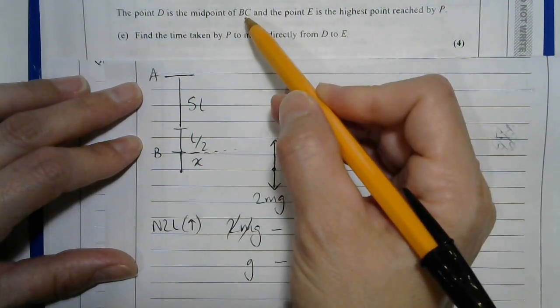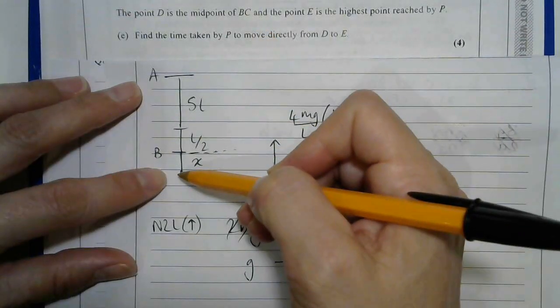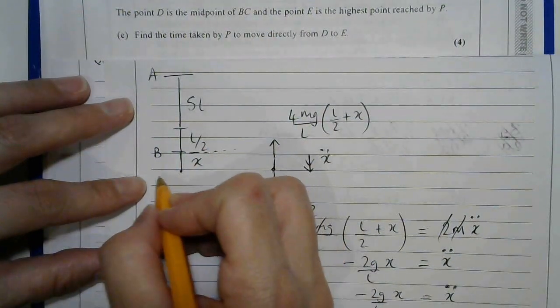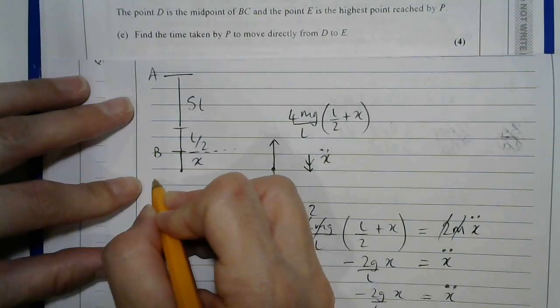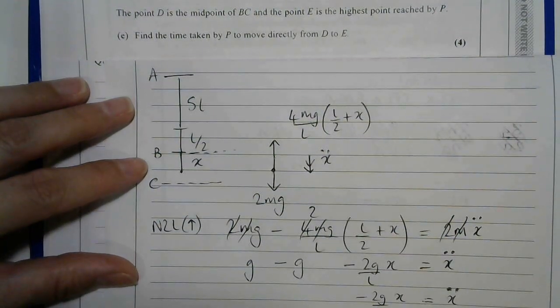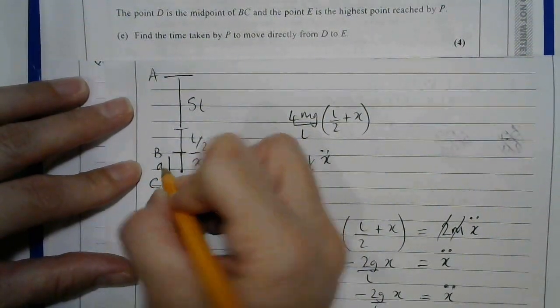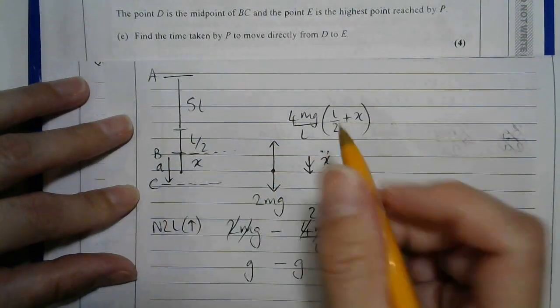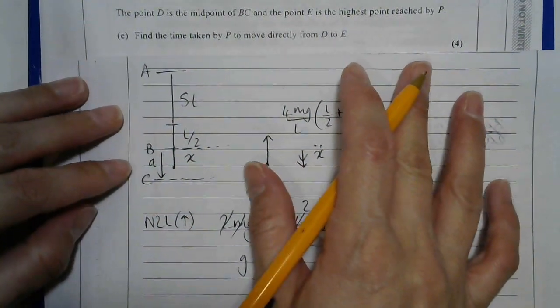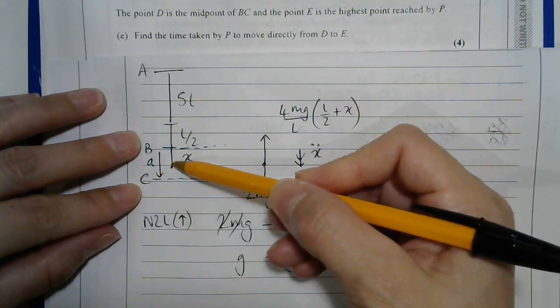Then point C was the point where it was released from at the very bottom. So point C is the amplitude away. So from here to here is the amplitude from B to C. Okay, so point D is the midpoint of BC. So D is in the middle of here.